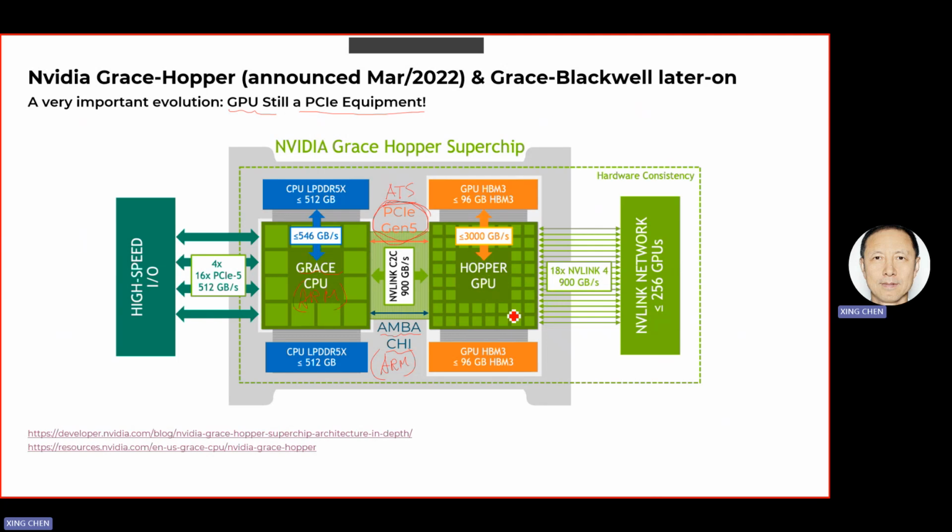Things are advancing faster, and more features have been added to the connection between the CPU and the GPU, because this cache coherent protocol from Grace has been deployed, also on top of the NVLink C2C links.